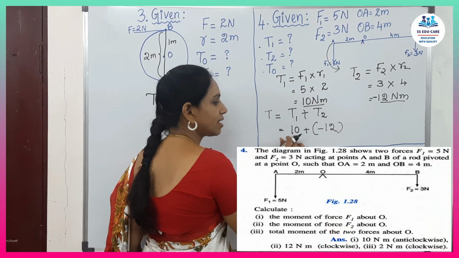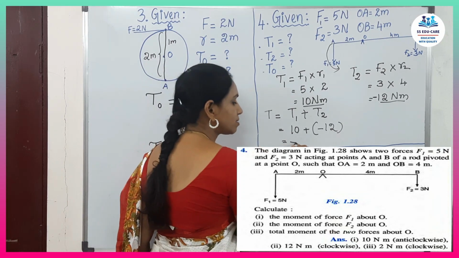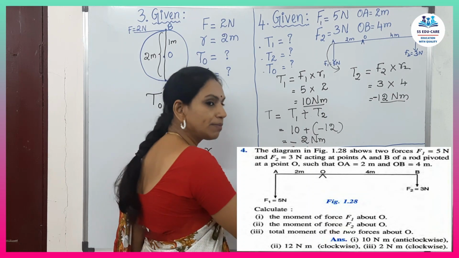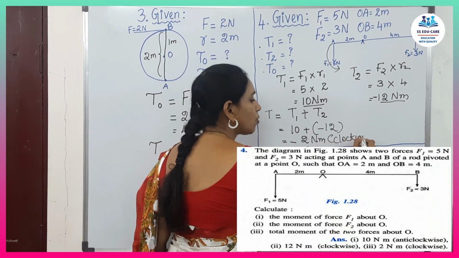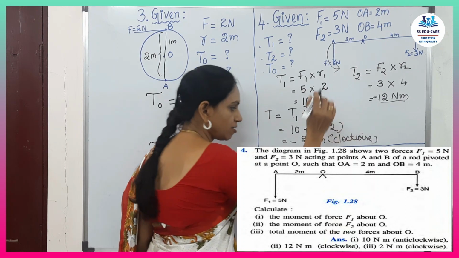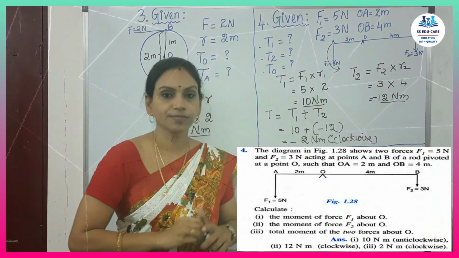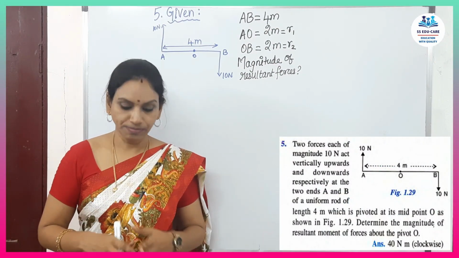So what are we getting? Plus into minus we get minus. So it is minus 2 Newton meter. When we are getting minus, we mean it is moving in a clockwise direction. So this is your total moment of force. Next is numerical number 5.